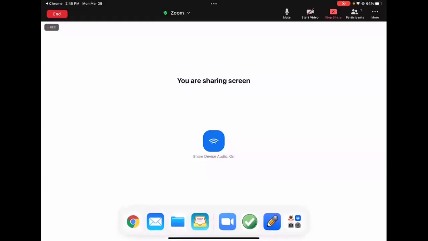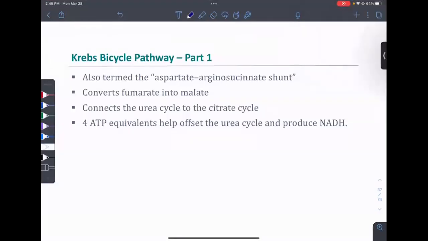Okay, so we're on the very last part, part 3, and we're going to talk about the Krebs bicycle pathway, and we're also going to talk a little bit about degradation of certain amino acids. So if you remember from the last video, we talked about there being different products from the urea cycle, right? And remember, the urea cycle is going to make a product called fumarate.